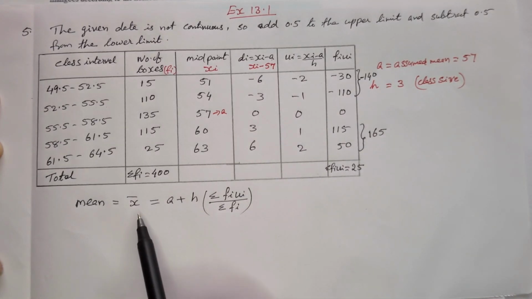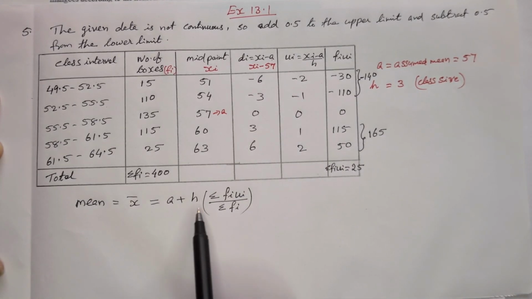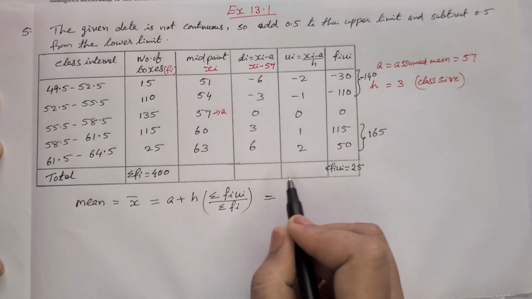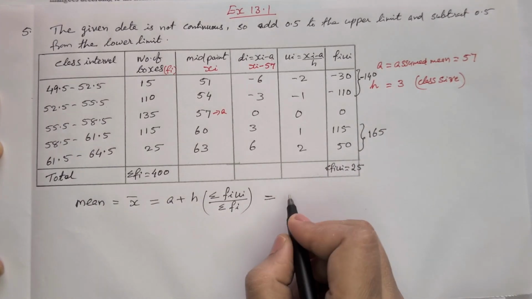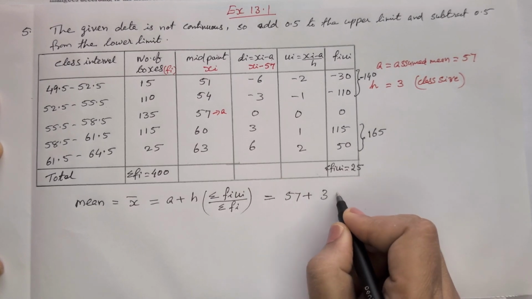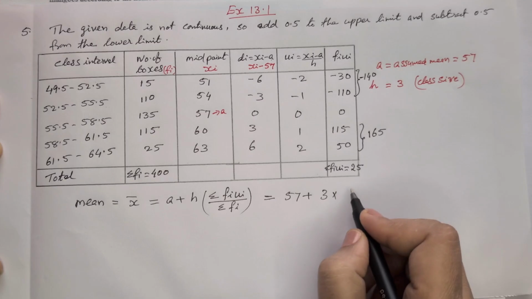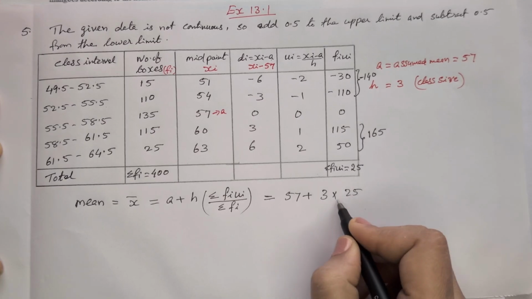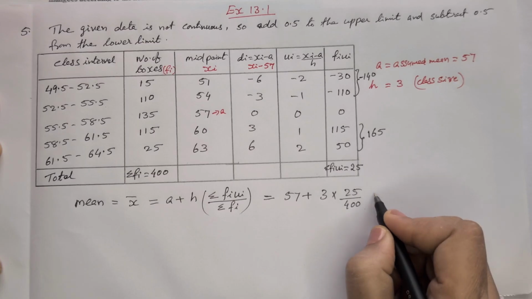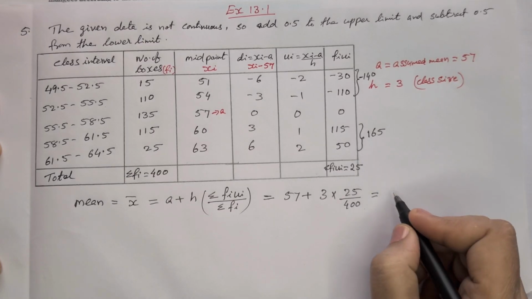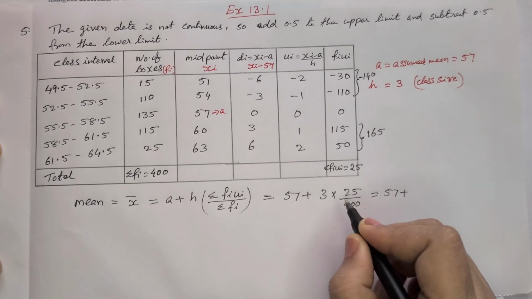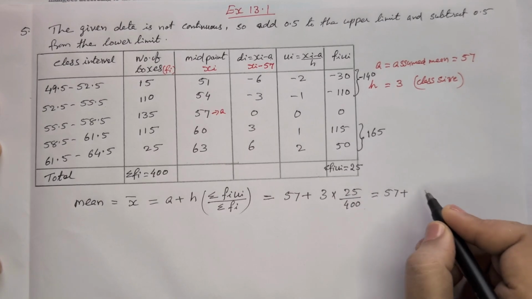So when there in the formula, mean x bar is equal to A plus h into sigma fi ui by sigma fi, which is equal to A is 57 plus h is 3 into sigma fi ui, that is 25, sigma fi is 400. When we are simplifying, 57 plus 3 into 25, 75. This we can simplify.